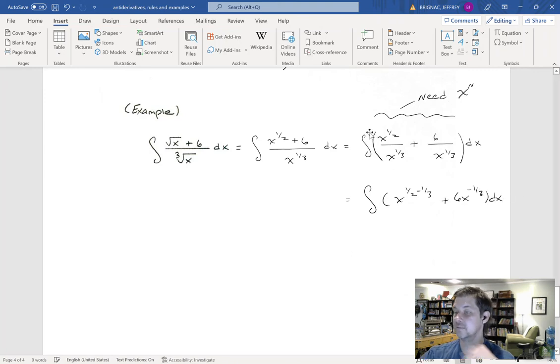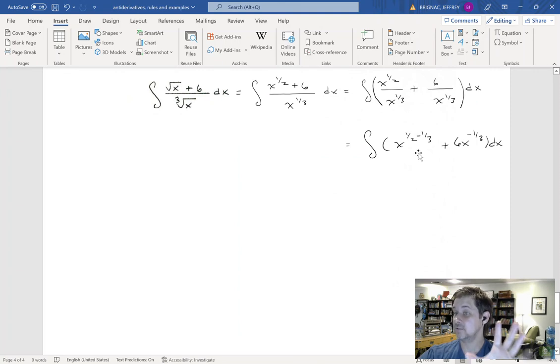All right, so this is a little closer to what I actually need to solve this problem. I guess I just have to do one more thing. What is the power on that x? What's 1/2 minus 1/3? Well, that's going to be 3 over 6 minus 2 over 6.